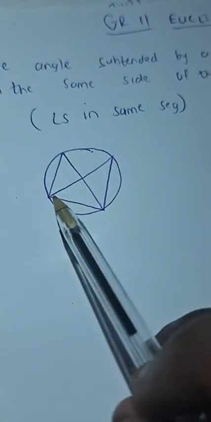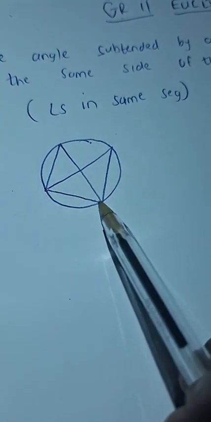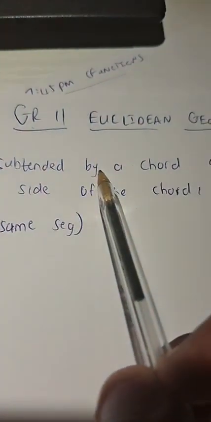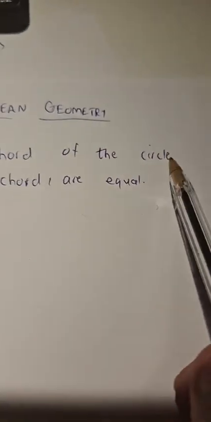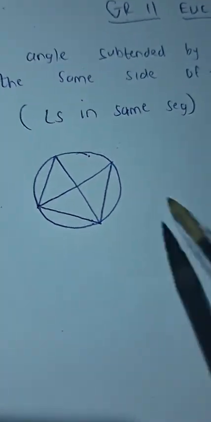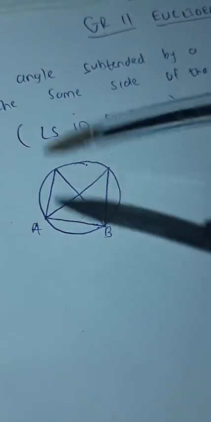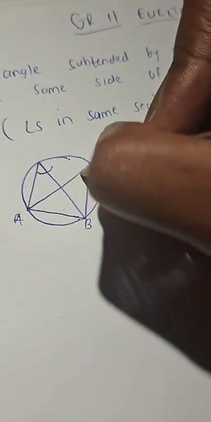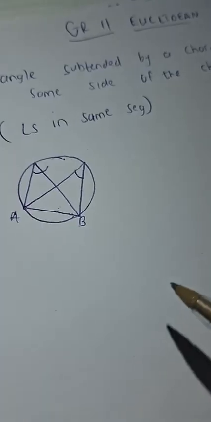Okay, so this is the chord, all right? So what they are saying is the angle subtended by a chord of the circle. So this chord here, chord AB, is subtending which angle? This angle, right? And it's also subtending this angle, right?